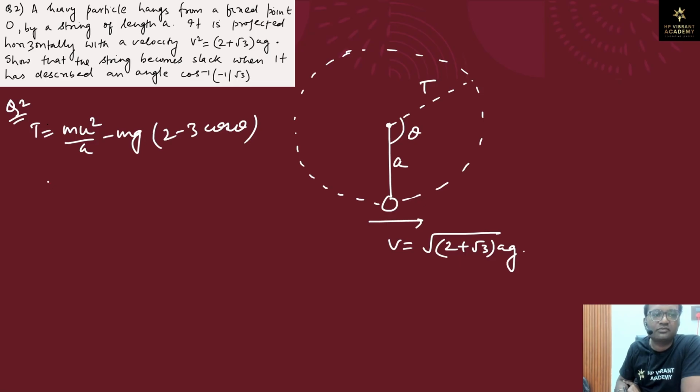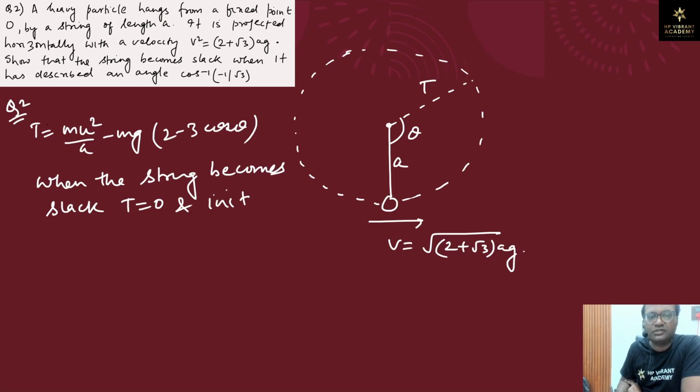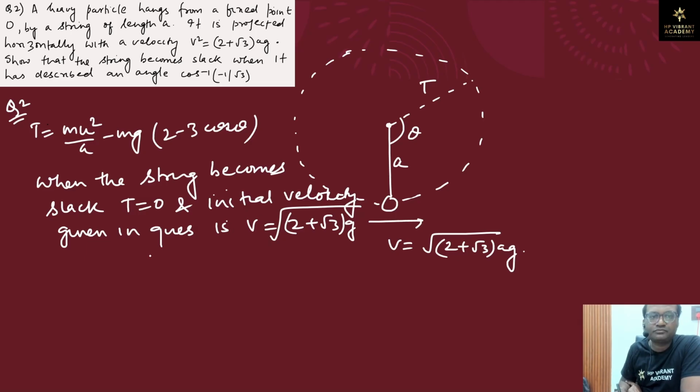The string becomes slack, so tension is equal to 0, and the initial velocity given in the question is v is equal to root of (2 plus root 3) ag. Now we have the initial velocity. Let us replace u with v.